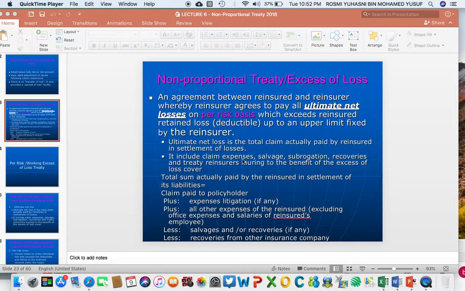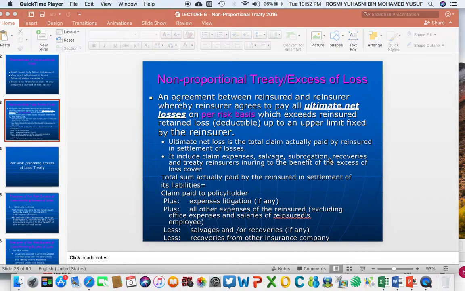So this amount will make up claim expenses. Salvage. Salvage is a certain amount of money which the insurer recovers when they dispose of an item or subject matter after a claim. So the insurer is getting money out of salvage.